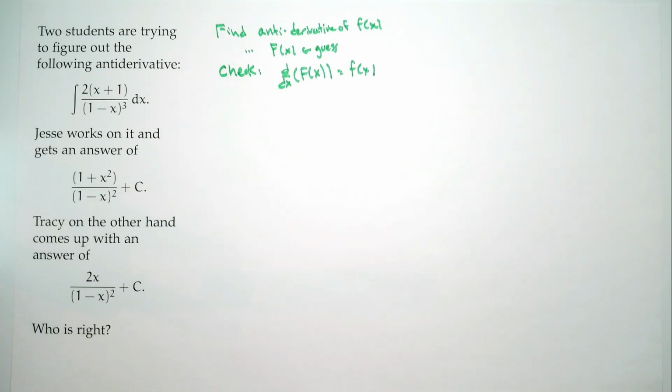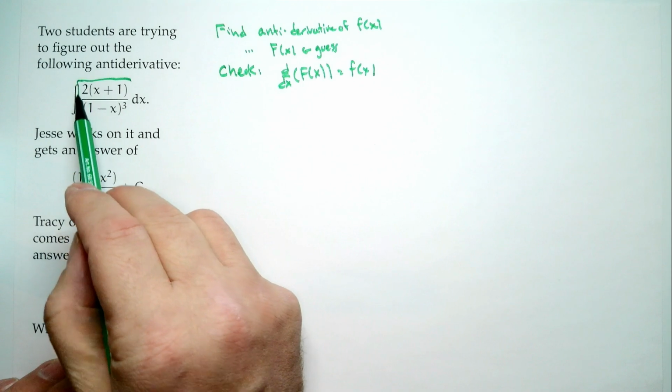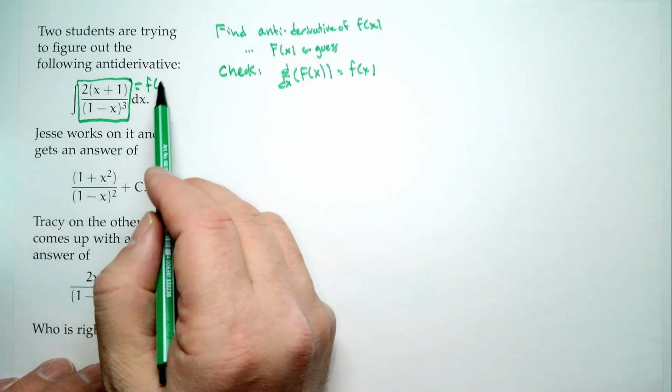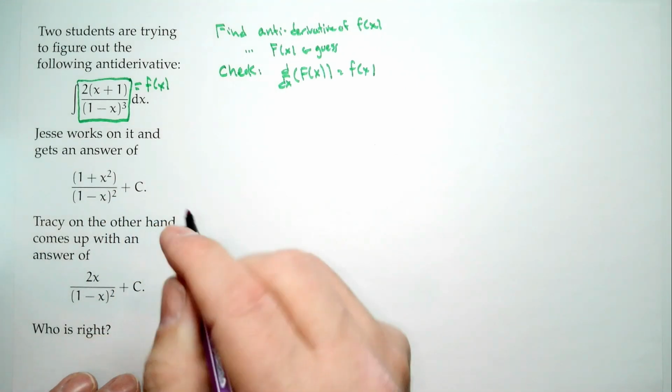And if you didn't, odds are pretty good you're messing up somewhere. So be careful and go back and think some more. Now in our case, this 2 times x plus 1 over 1 minus x quantity cubed is our little f of x. So now we'll check these answers.